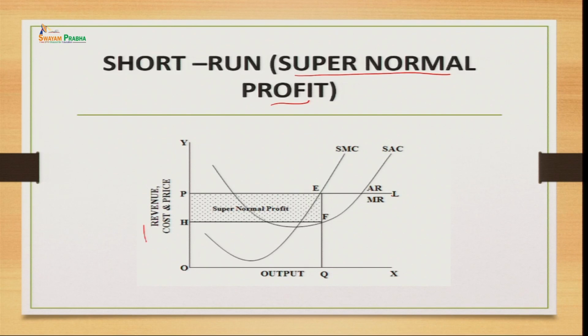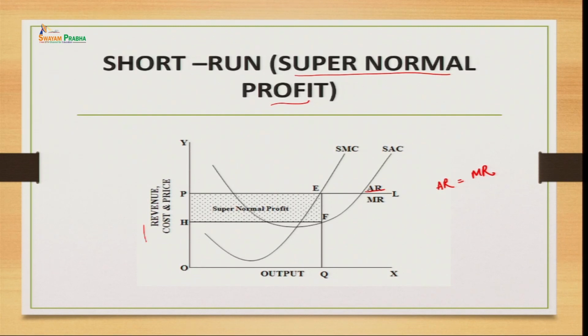In this market we have seen that the demand curve is perfectly elastic, parallel to the x axis, and this is how we calculate the average revenue. Since the average revenue is constant, the marginal revenue curve will also be constant. So, here we have average revenue equal to marginal revenue.